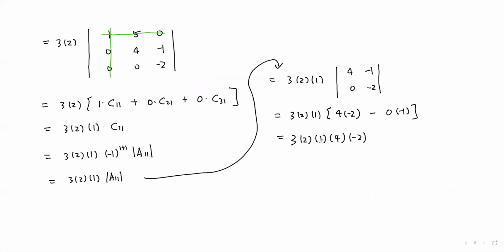Using a calculator, from my notes, it is -48. The determinant of the original 5 by 5 matrix is -48, a non-zero number. So the original matrix has an inverse.